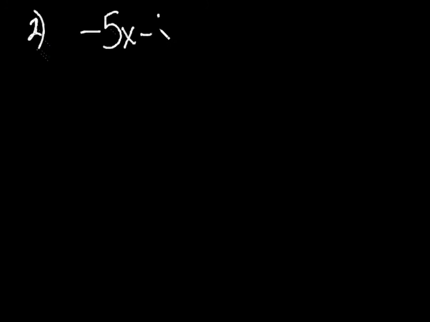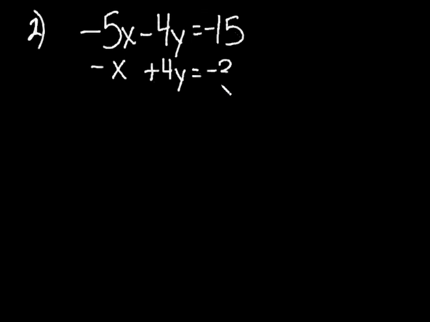Negative 5x minus 4y equals negative 15. Then we got negative x plus 4y equals negative 3. All right? And in this case, we should be looking ahead, always looking ahead. What is going to be eliminated here if I add these two together?